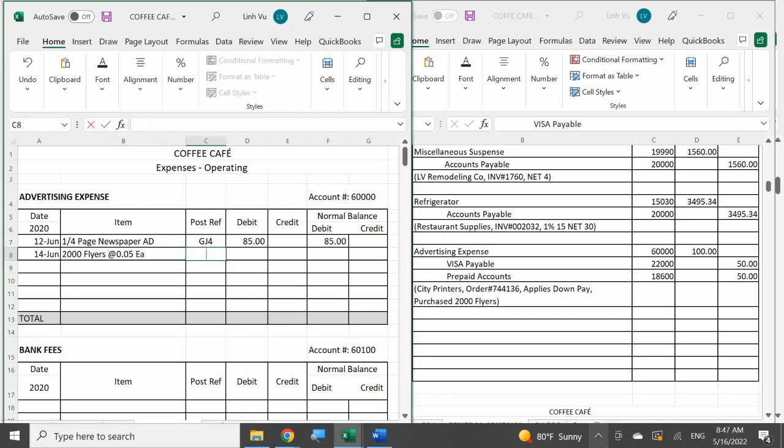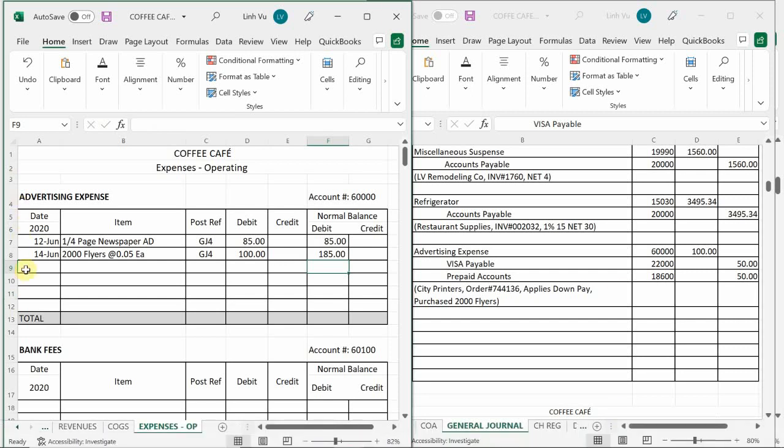General Journal 4 for $100. So therefore, my balance in my advertising expense is $185. We charged on our Visa credit card to pay for the remaining amount.